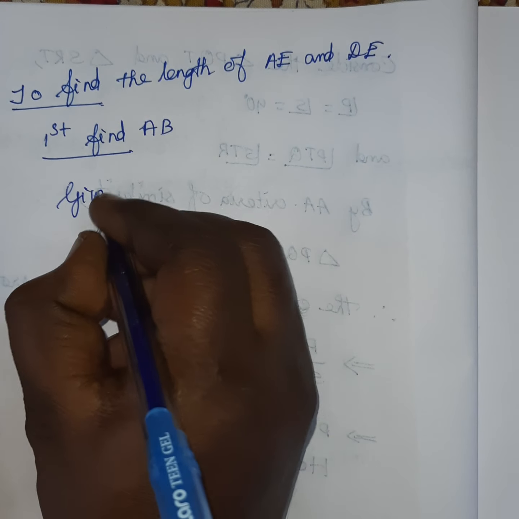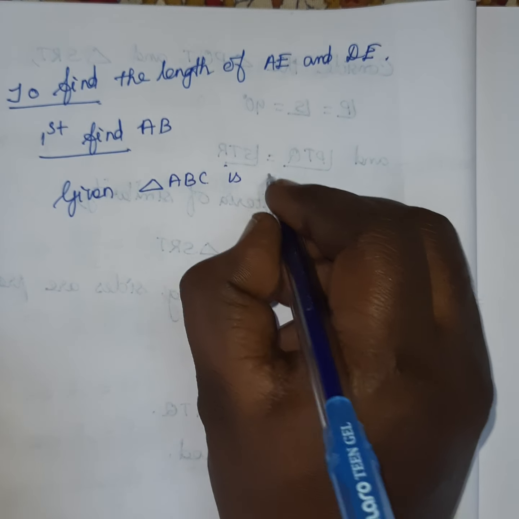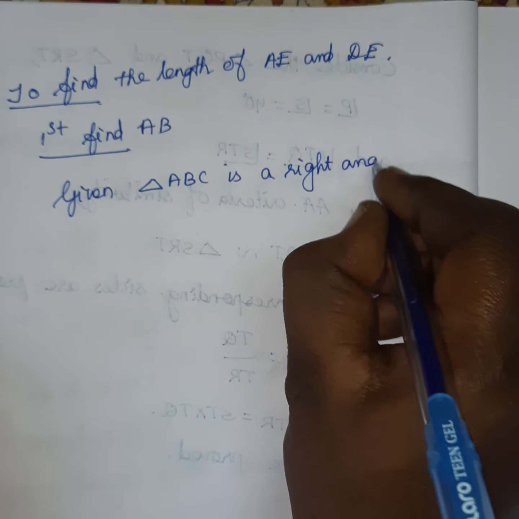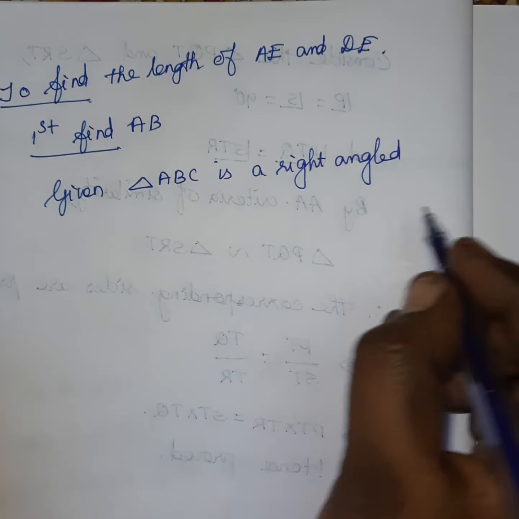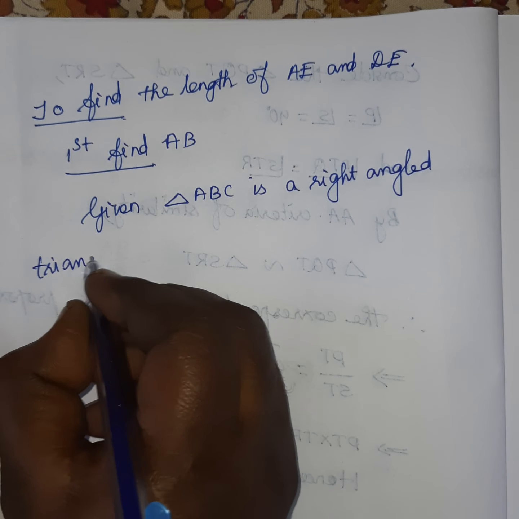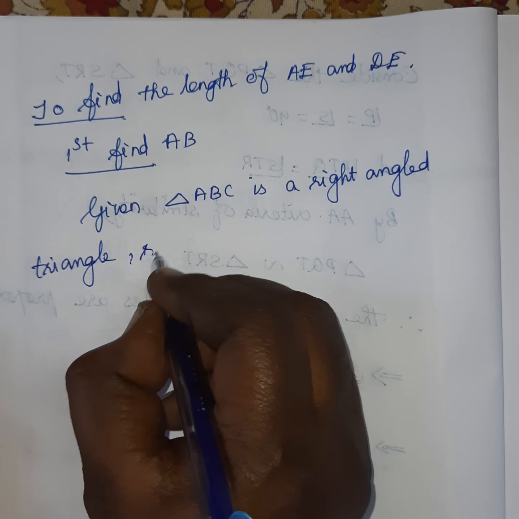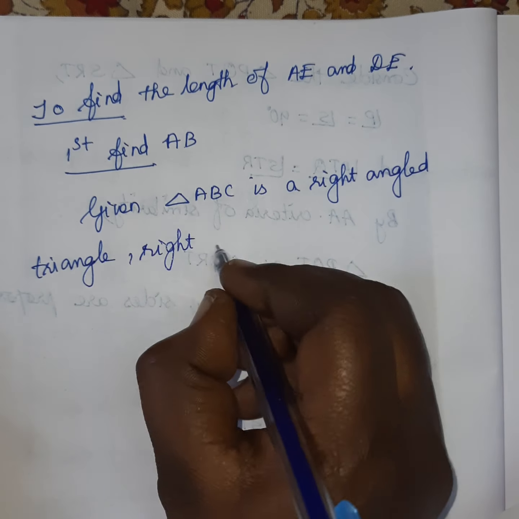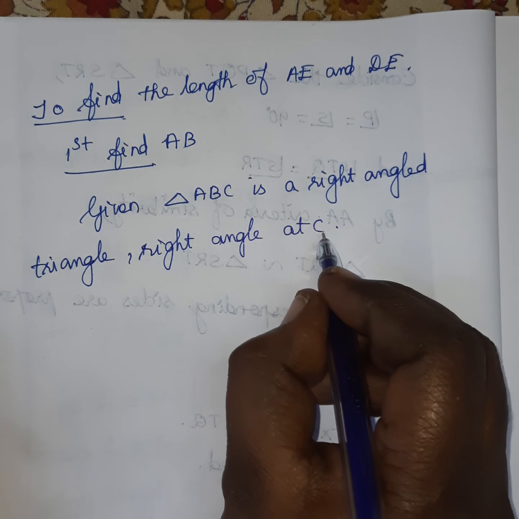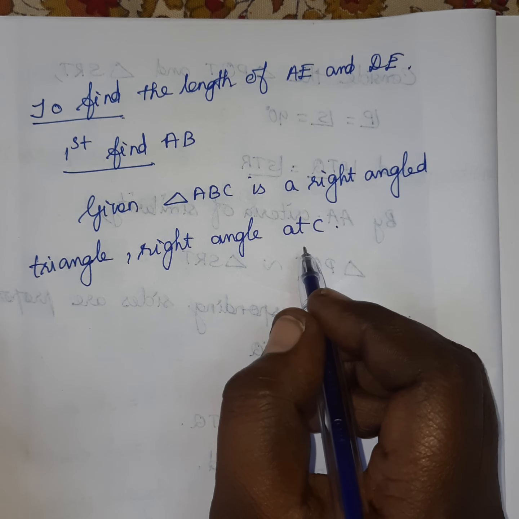Given triangle ABC is a right angled triangle, right angle at C. C is the right angle, which means the opposite side AB is the hypotenuse.